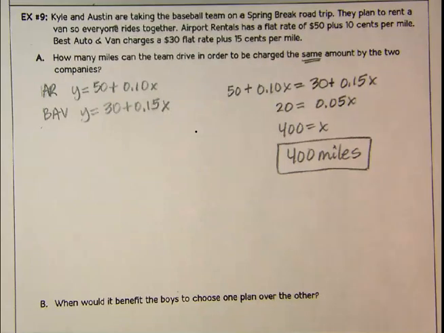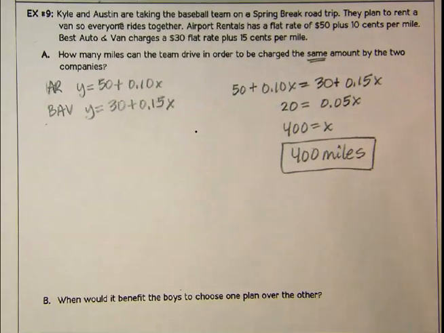So notice on part B, when would it benefit the boys to choose one plan over the other? Well, if they're doing 400 miles and it's the same, if you're going more than 400 miles, then you need to look at the one that has less cents per mile. If you're going less than that, you want to get the one that charges more cents a mile.